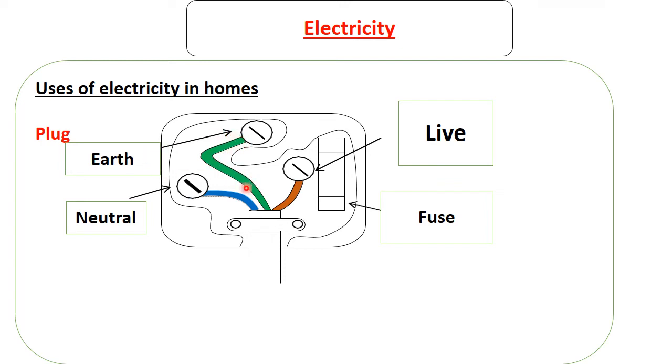This wire, which is called the earth, is connected to the metal casing of the appliance. In case there is a problem, maybe there is some current that is leaking.